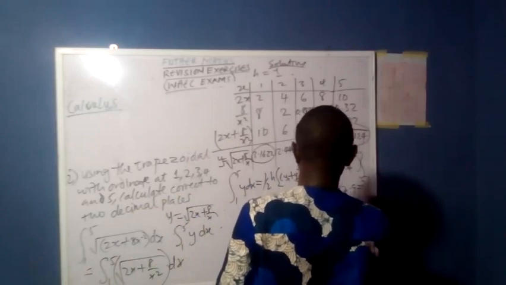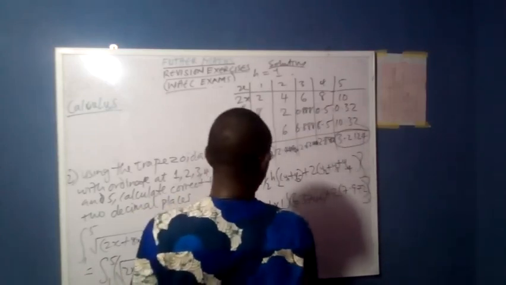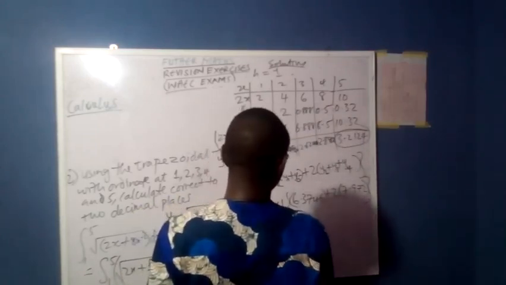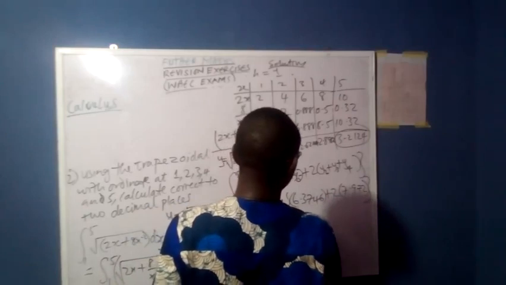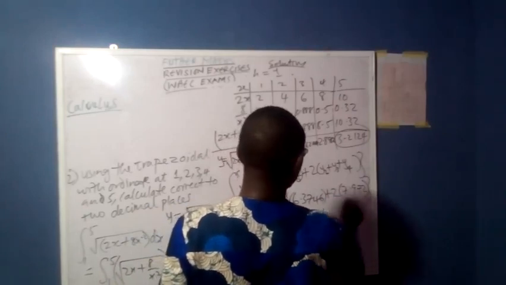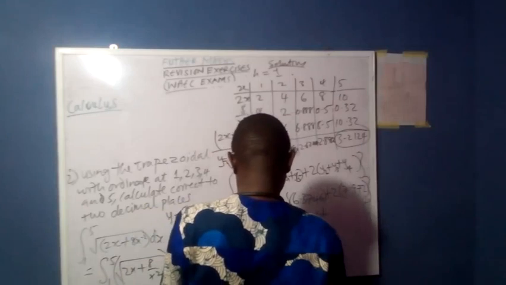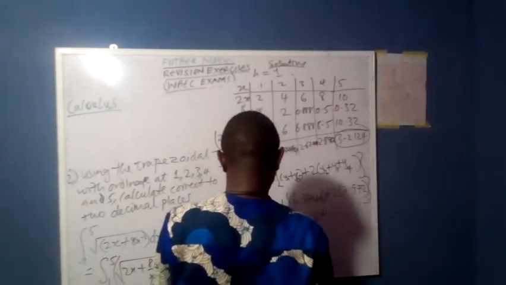So we have a half times 6.3746 plus, when you take twice of 7.972, that's multiplied by 2, we have 15.944.